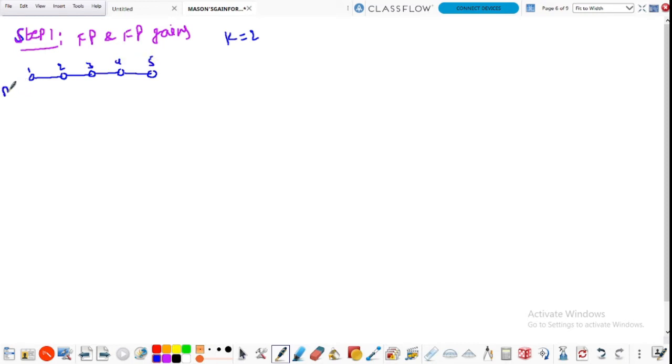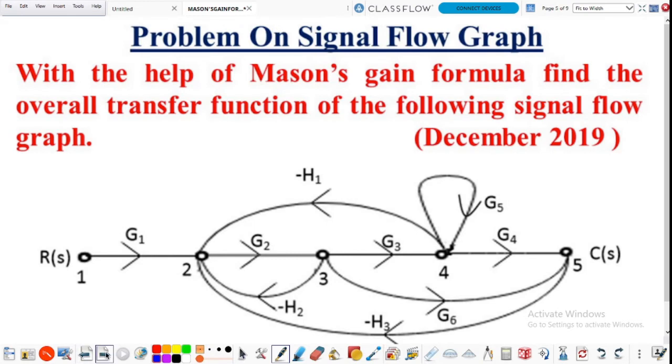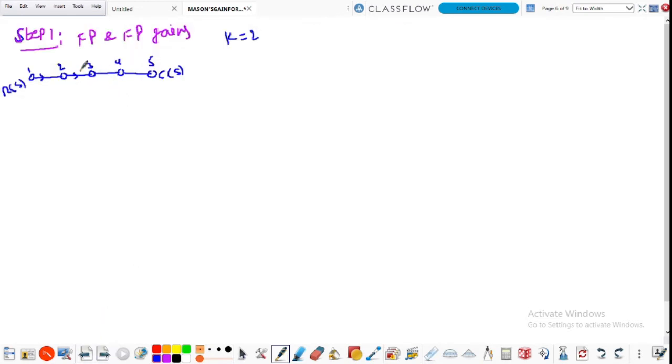This is the input node, that is R of S, and this is the output node, that is C of S. This branch gain or transmittance is G1. This branch gain is G2. This branch gain is G3. This branch gain is G4. And this is the first forward path.